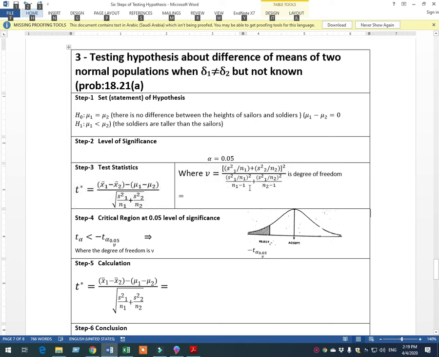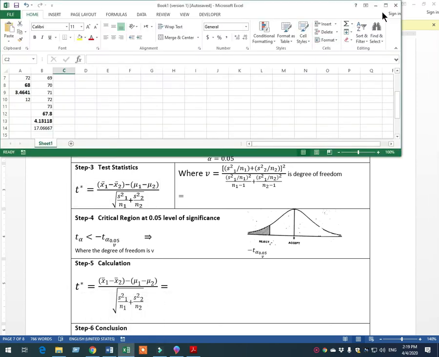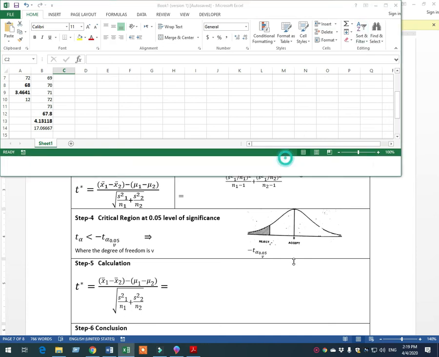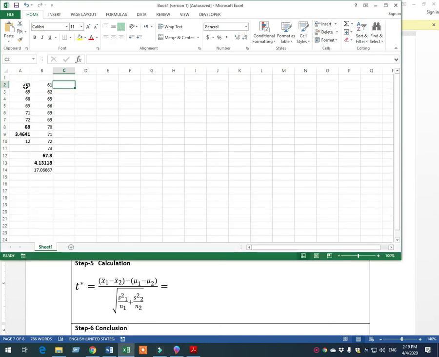For your convenience, I have already calculated the two samples' mean and standard deviation. In this Excel sheet, I have already done the first sample mean, standard deviation and the variance, and for the second sample I have calculated the mean, standard deviation and the variance.